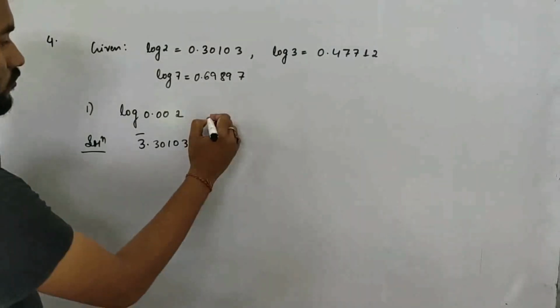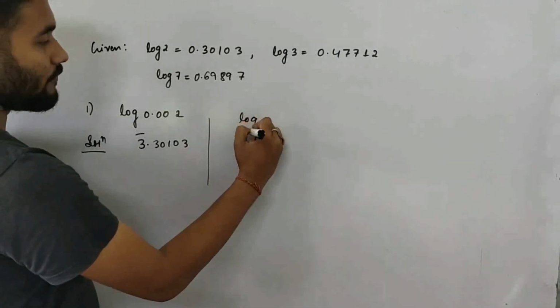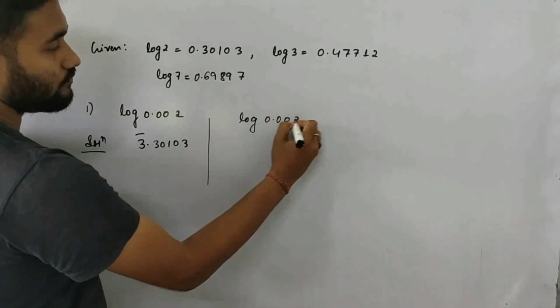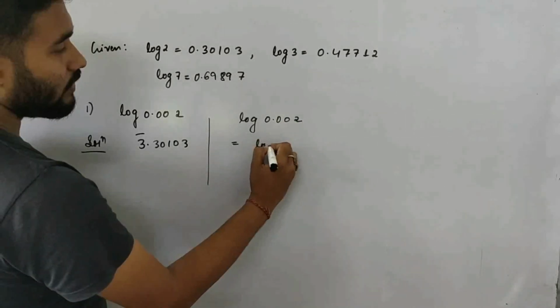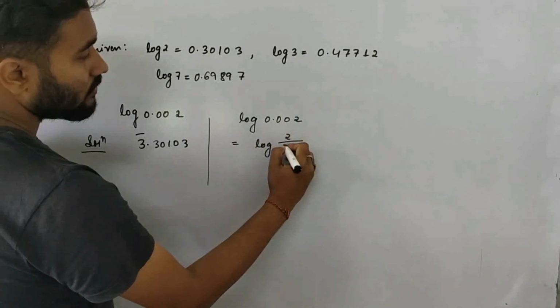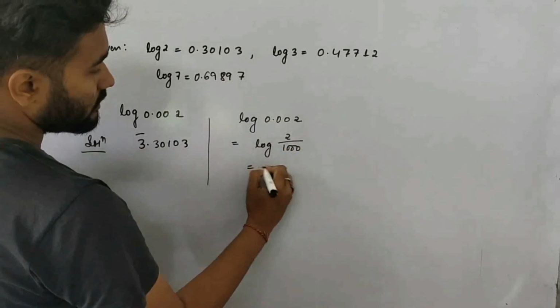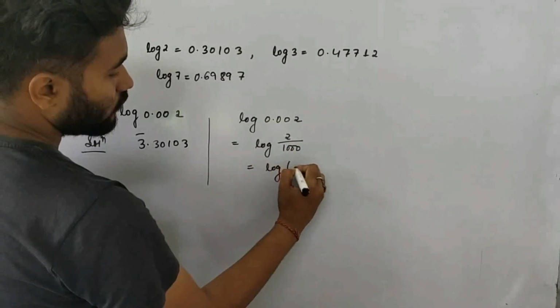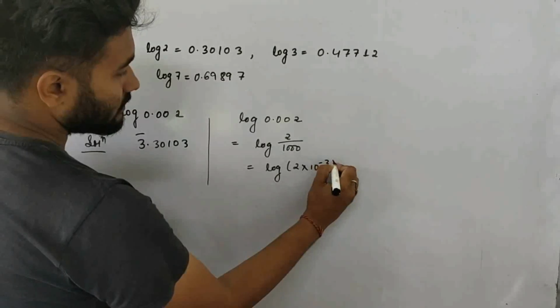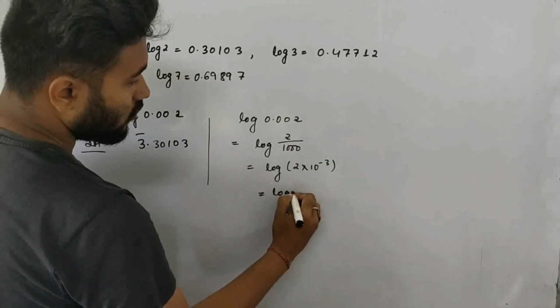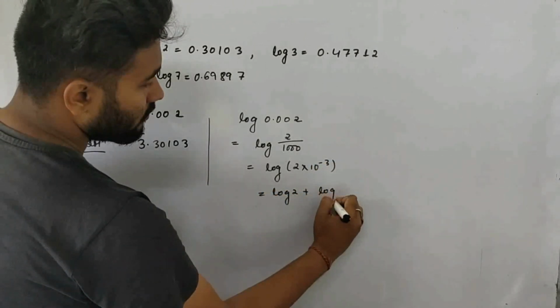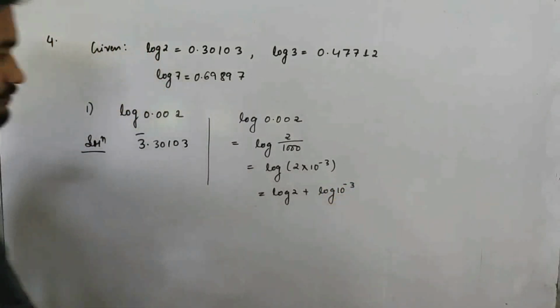But if you want to do it properly, then how will it become? Log of 0.002. Properly, it is simply 2 by 1000, isn't it? Which is equal to log of 2 into 10 to the power minus 3, which is log 2 plus log 10 to the power minus 3.